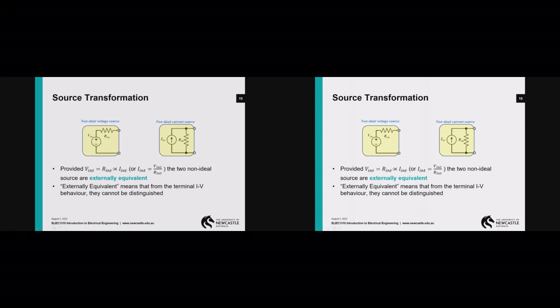So as long as that's true, those two circuits look exactly the same externally. If I put them in a black box and just had two terminals coming out, I wouldn't be able to determine if I had the voltage source or the current source, because they would behave exactly the same as each other.